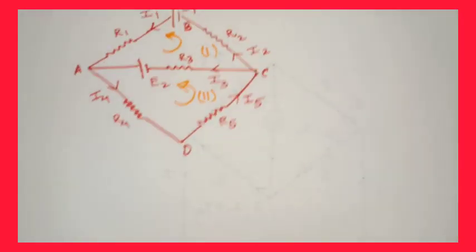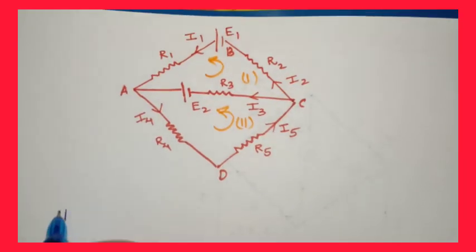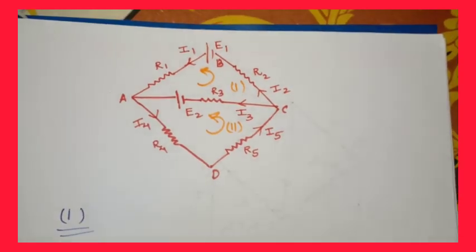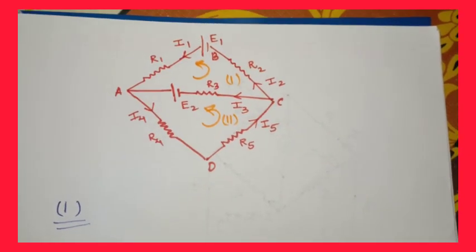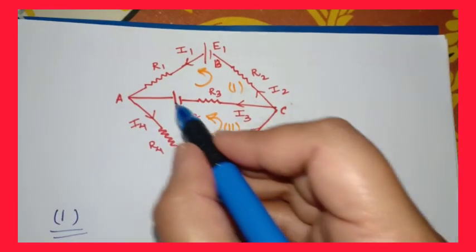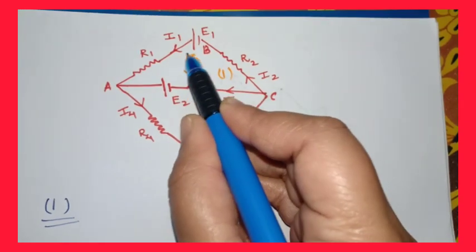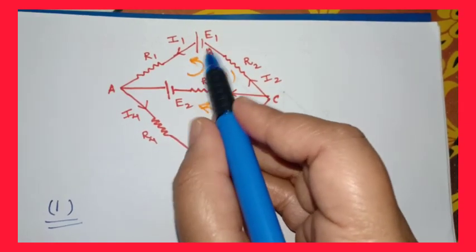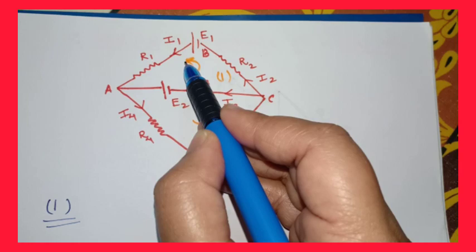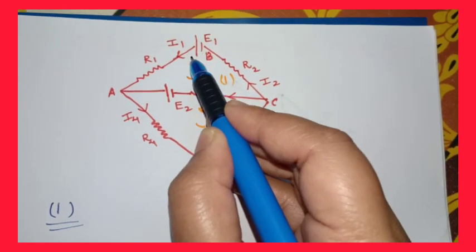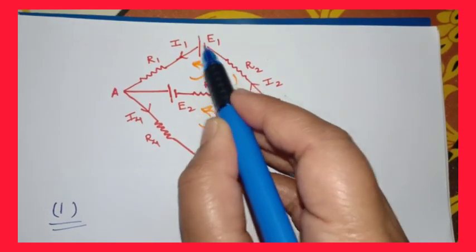Let me solve the first loop, students. So what is the first loop here? How many EMFs are connected in the first loop? In the first loop there are two EMFs, that is E2 and E1. If I traverse along the anticlockwise direction, I can see that my traverse direction is from minus to plus, so this EMF is positive.